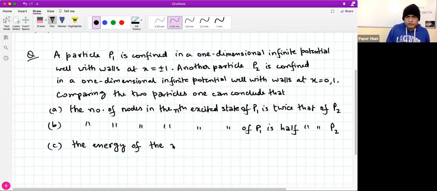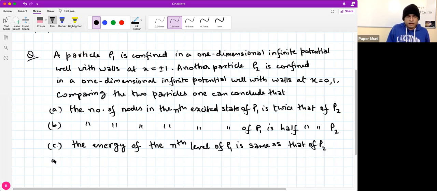So option C: the energy of the nth level of P1 is the same as that of P2.